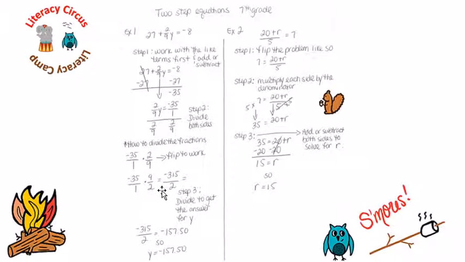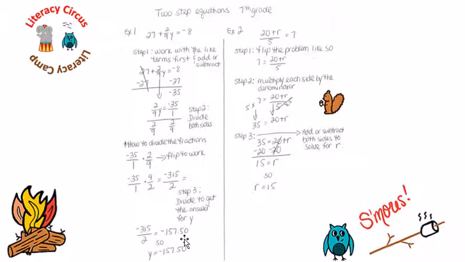When you do the math here, -35 times 9 equals -315, and the 1 times the 2 equals 2. Which leads us to step 3: you're going to divide to get the answer for y. So -315 divided by 2 equals -157.5.